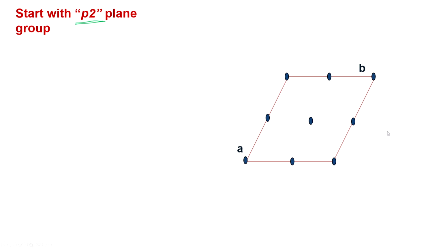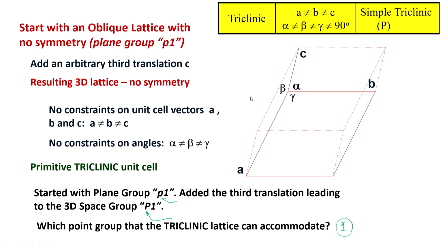Now, I need to add a third translation vector to form the three-dimensional lattice. Now, how do I add this translation vector? Let us try to add it in the way that we had added in the previous case, which was adding a translation vector in an arbitrary direction and of arbitrary length.